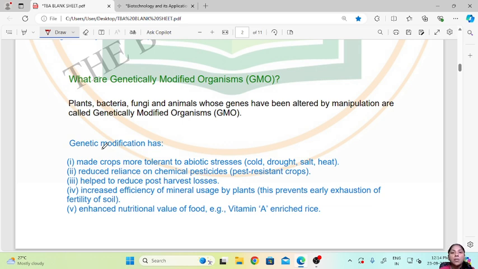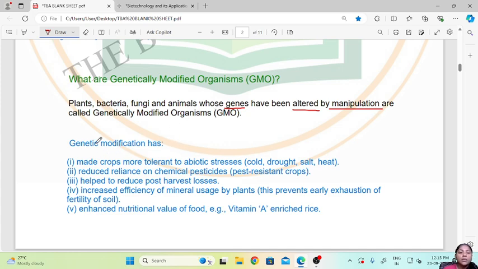The plants, bacteria, fungi and animals whose genes have been manipulated or altered are called genetically modified organisms. Their DNA, the genome, is altered by manipulation, and such organisms are called genetically modified organisms.